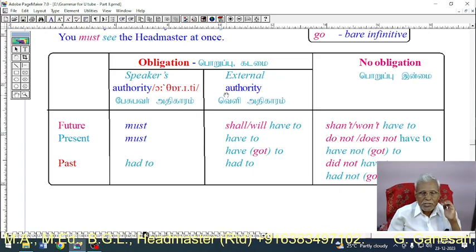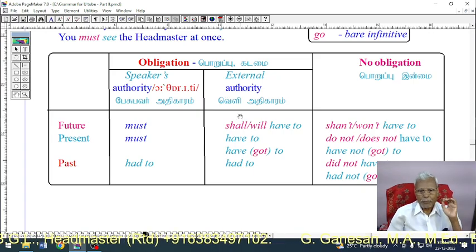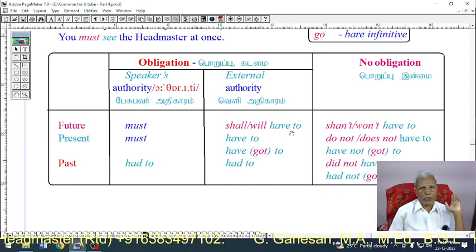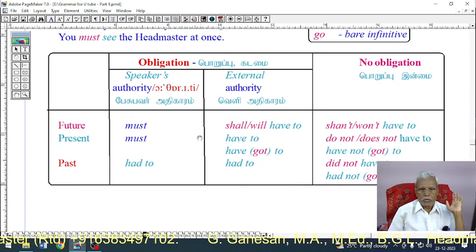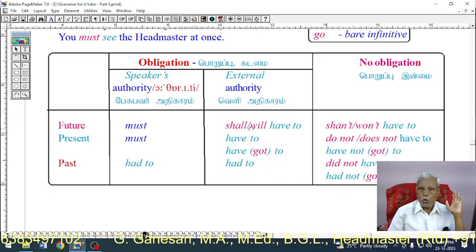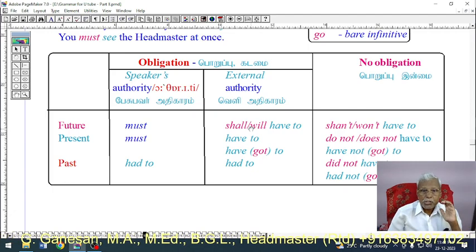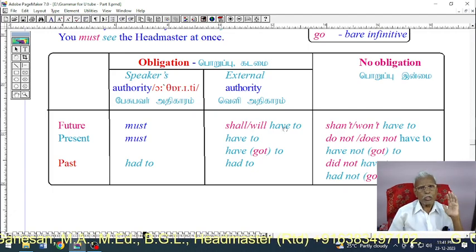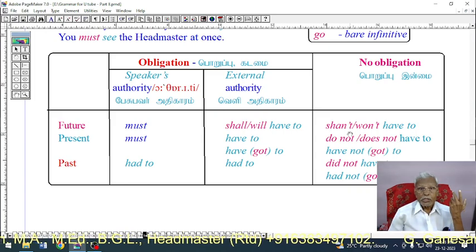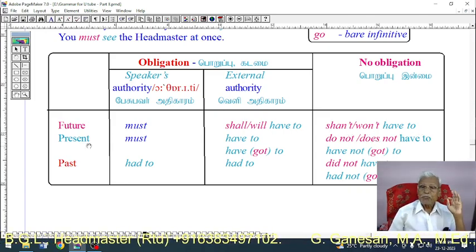External authority, that is the obligation of the subject, shall or will have to. Then no obligation, negative, that is shan't or won't have to. Then present.